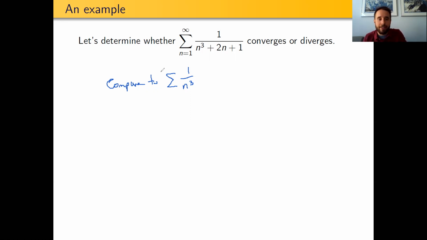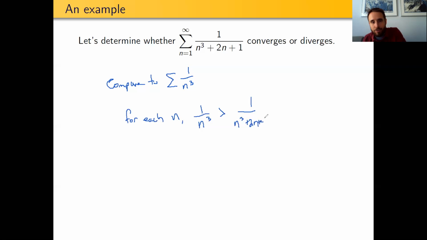And what we'll see is for each n, we have that 1 over n cubed is specifically going to be bigger than 1 over n cubed plus 2n plus 1.